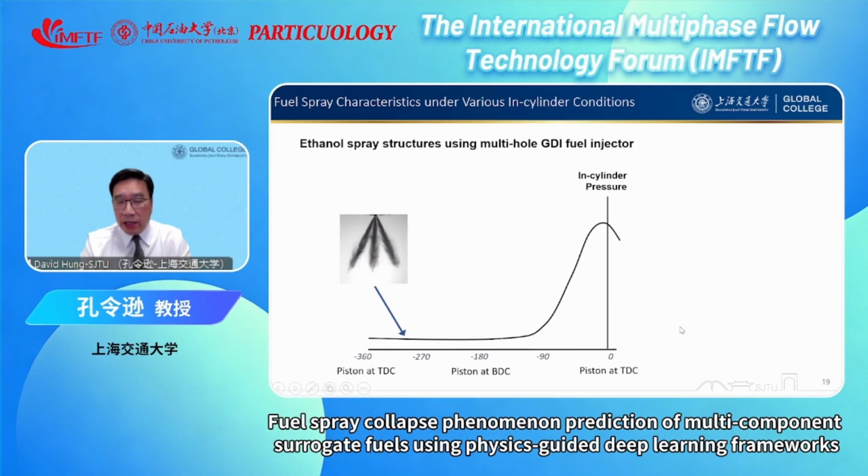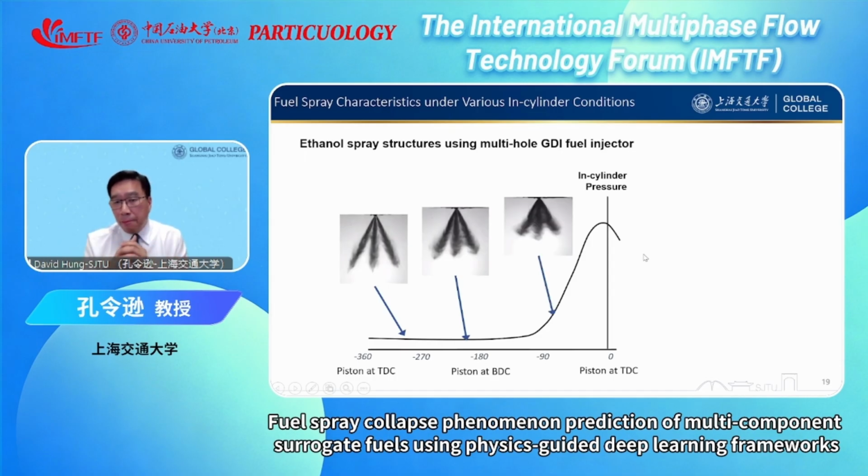The fuel spray at the early intake condition looks something like that, but as the in-cylinder pressure increases, obviously the spray becomes a little bit smaller and more compact. In the last phase, before combustion occurs, the spray is even more compact. So with the change of in-cylinder pressure, which also results in higher temperature, the spray changes a lot.